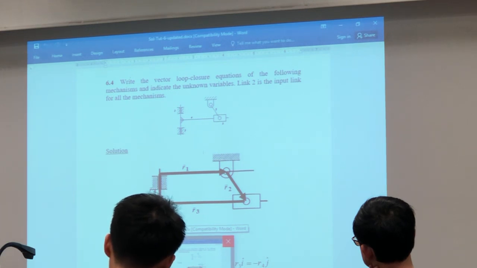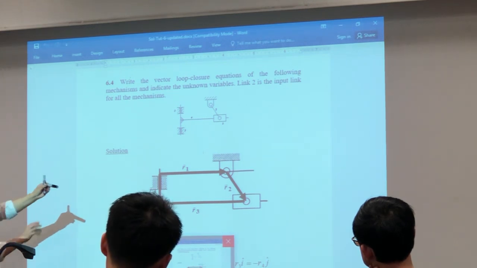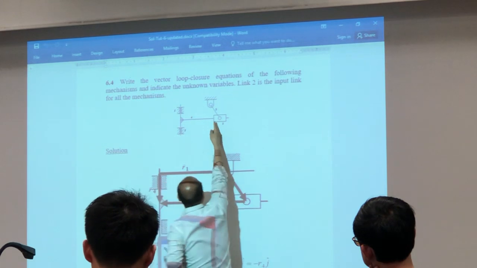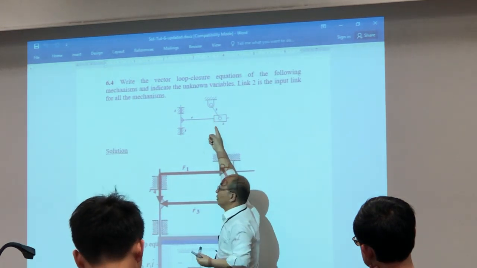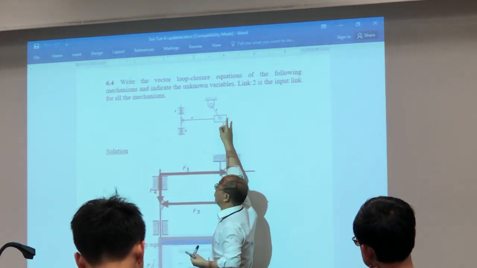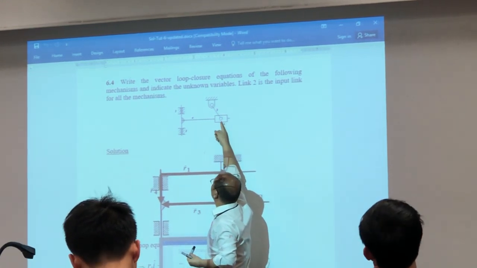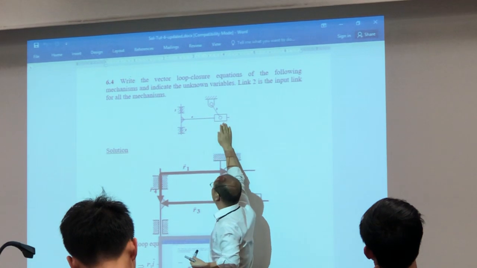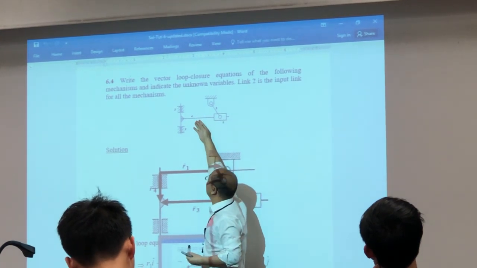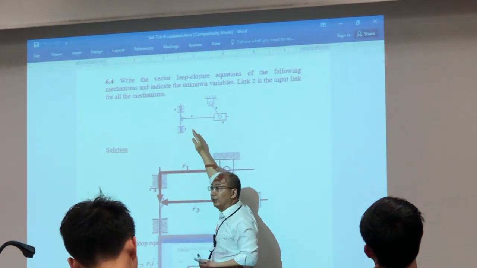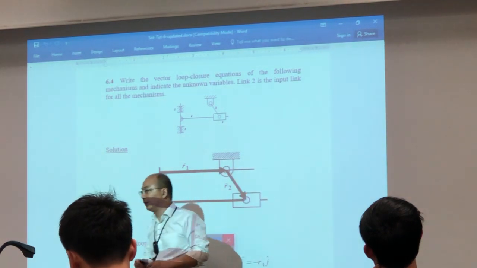When link 2 is rotating up, this one will go to the right, and then this slider is going to slide, and at the same time it will lift this link 4 upwards, right? So this one moves up and down.